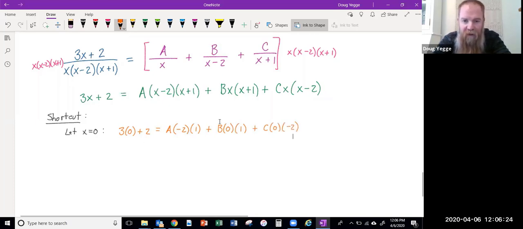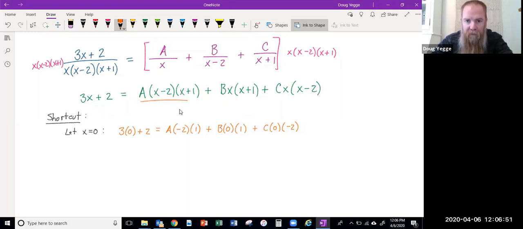But look at what's awesome about this. By letting x equal 0, it's going to cancel out the terms that have a factor of x. So without really doing much work at all, I know that these two terms right here and right here are automatically going to cancel when I plug in 0. Likewise, this term and this term will cancel when I plug in negative 1.